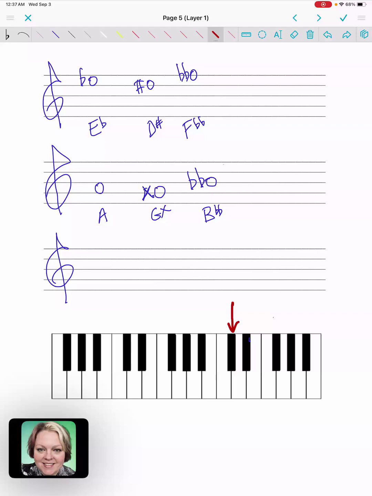In other cases, you might just get a straight up question that says, what is the enharmonic equivalent of D sharp? So then what you would have to do is go find a D sharp.